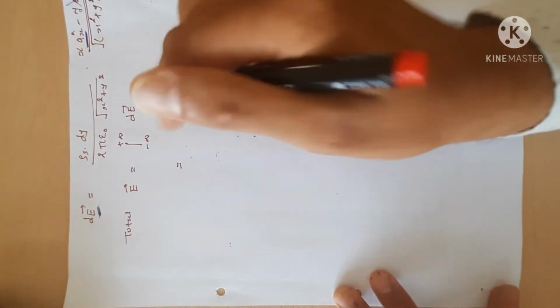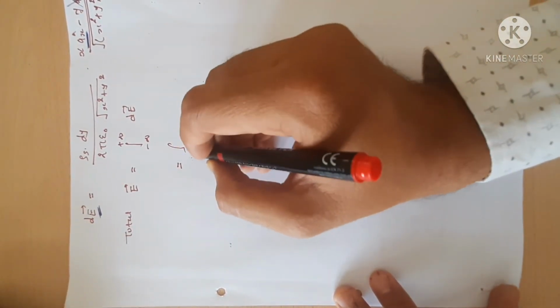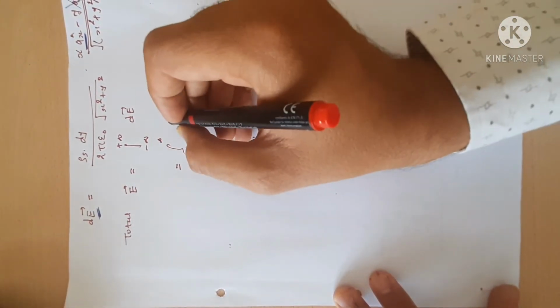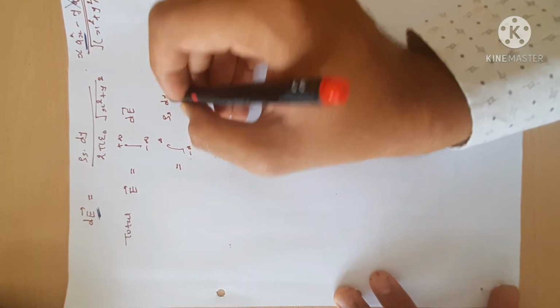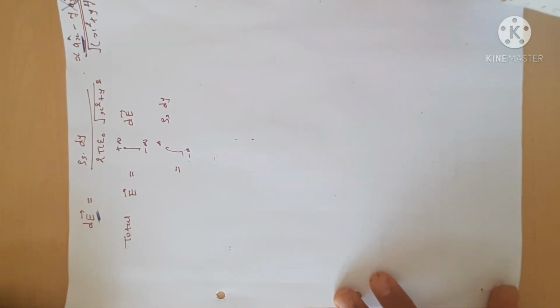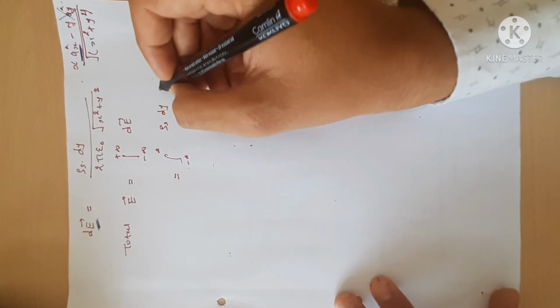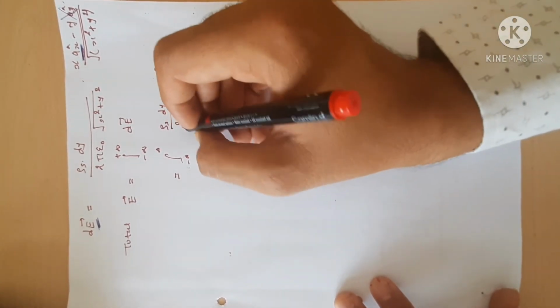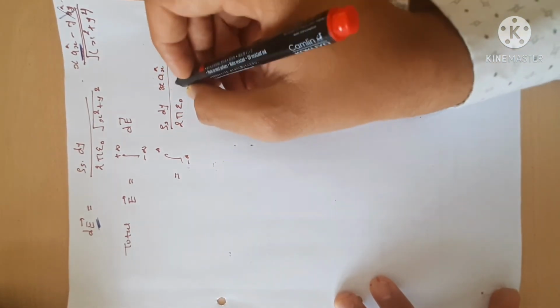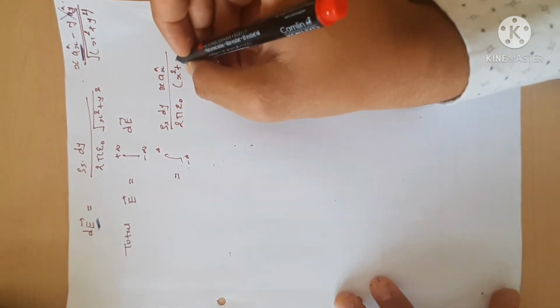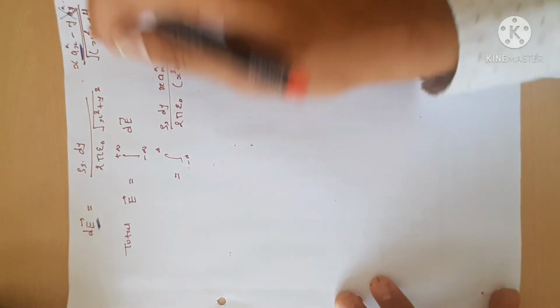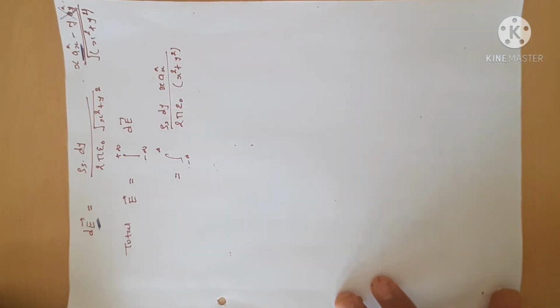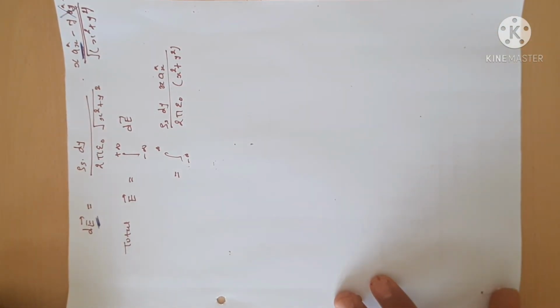So I will just take the integration of this term. It is minus infinity to infinity rho s dy. Now to consider only the x ax term, because the field is present only in the x direction. And square root of x square plus y square into square root, so it is x square plus y square. Is it clear?